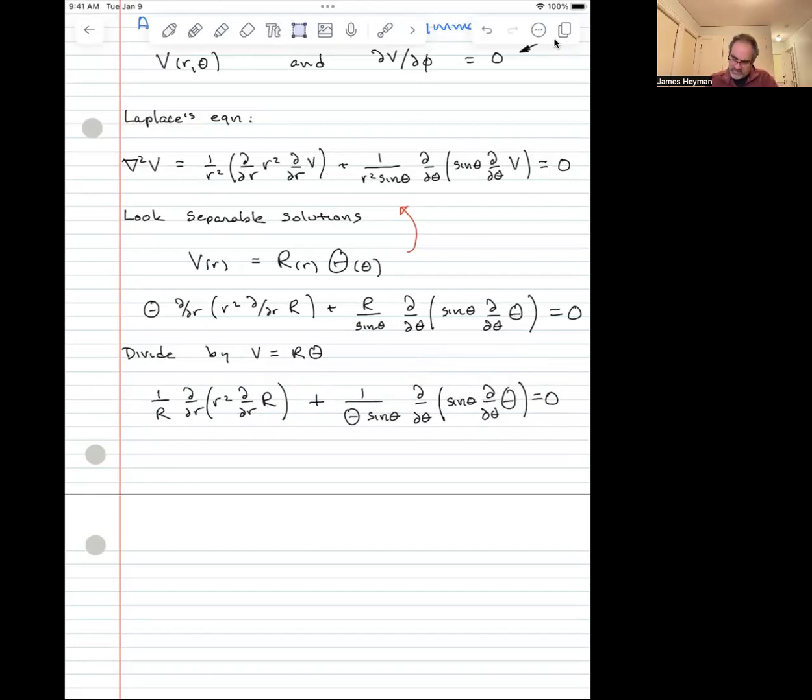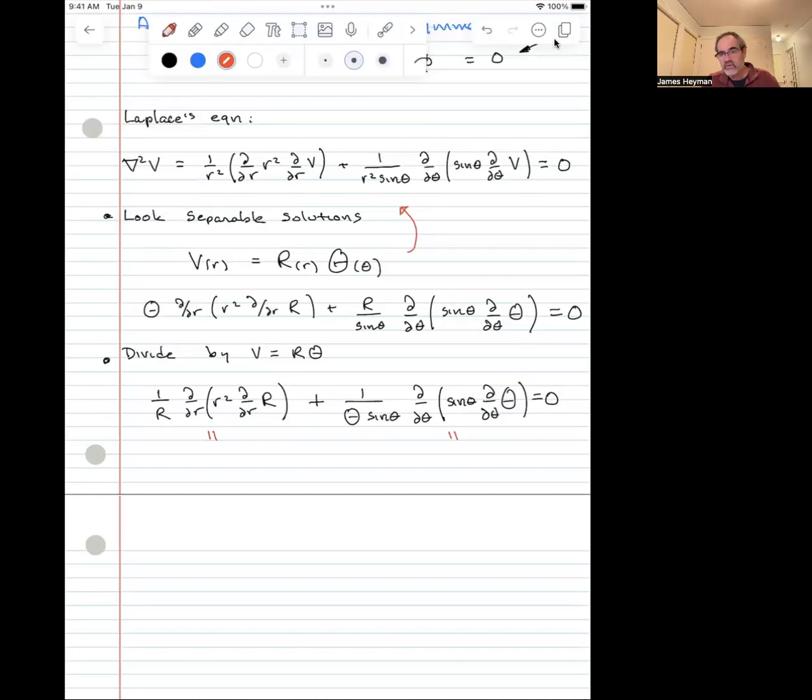Now, at this point, we can divide this equation into two ordinary differential equations. And the reason is that each of these terms actually has to equal a constant, for the exact same reason that we found when we treated this in Cartesian coordinates.